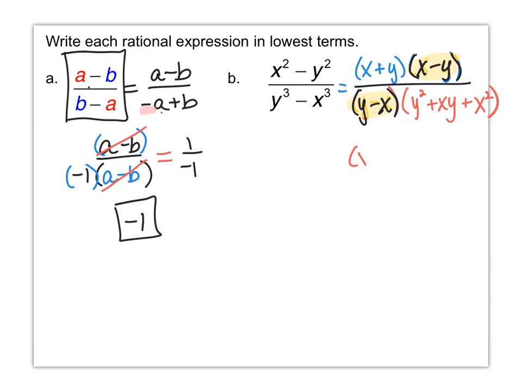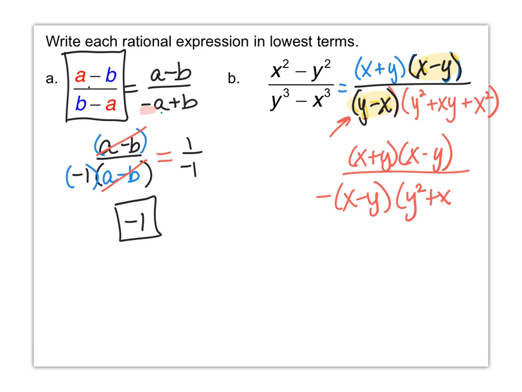as follows. The numerator is x plus y, x minus y. If you factor out a negative from that first factor of y minus x, you get negative x minus y, and then y squared plus xy plus x squared. Now we see that we have these two common factors of x minus y that can be simplified, and we have a negative out in front here.